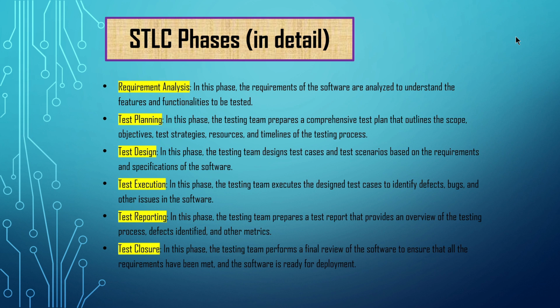So test design: the test team designs the test cases and test scenarios based on the requirements and specifications of the software. As you can see, test design is the third stage of STLC. This phase determines the test cases, defines them, creates them, and if necessary upgrades or amends the test cases and finalizes them.